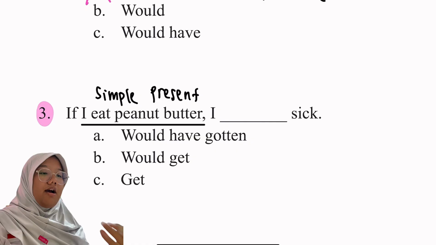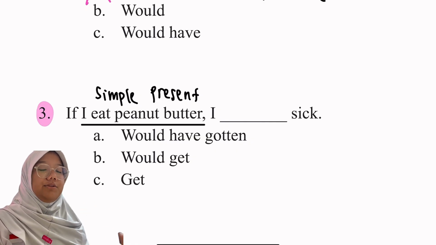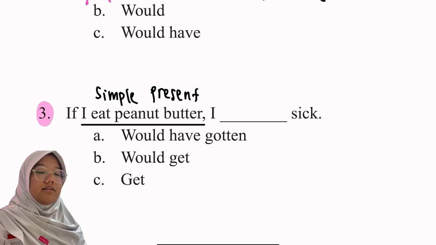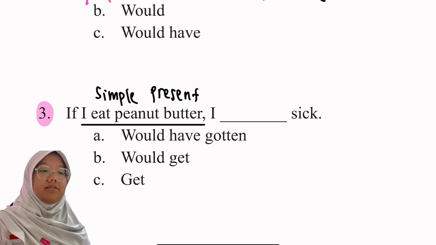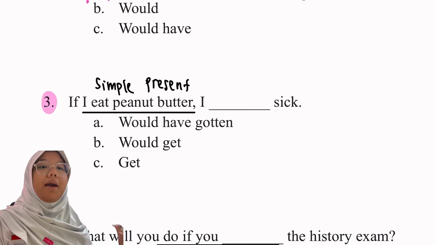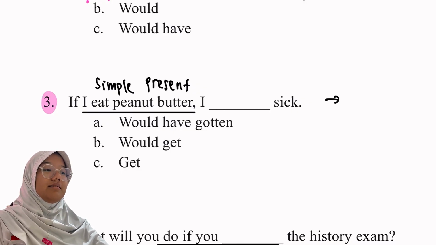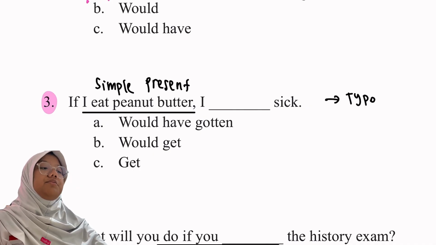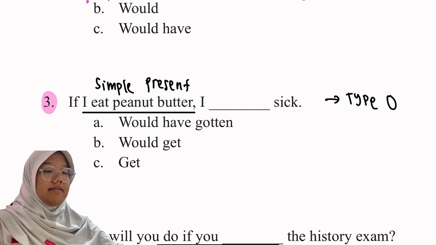Because we assume that I am allergic to peanut butter, so I get sick. It's not just a possible situation, it must happen. So this sentence is type 0. So the correct answer is get.